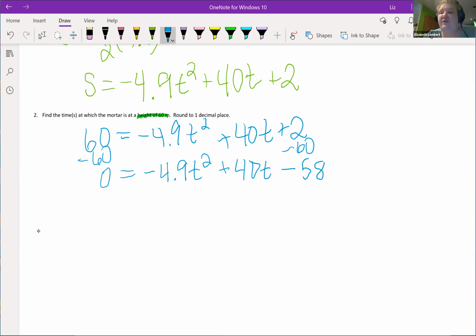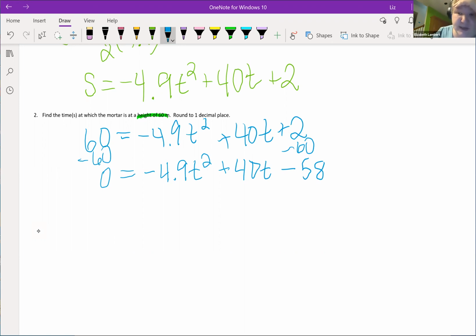If you use the negative 58 instead, then the entire graph, minus 60, is moved down 60. So now the intercepts are going to be the points where it's 60 meters in the air, because we shifted the whole graph and dragged it down. So the solutions of this new quadratic will answer our question, even though they are not the roots of the original height function.